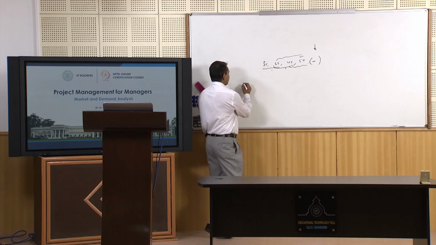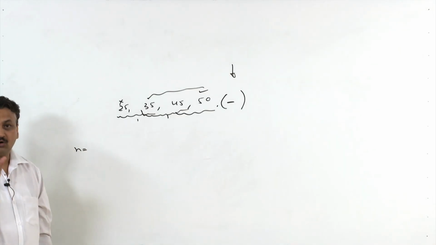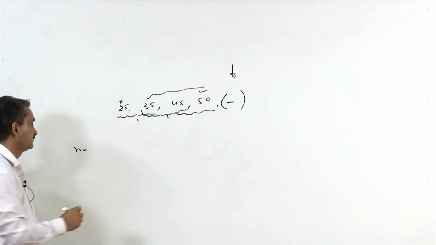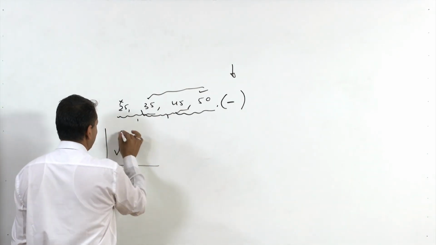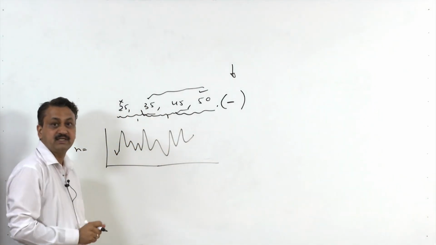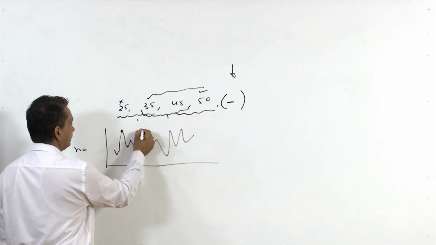The value of n should be small if there is a lot of variation in data. Let us say you have lots of variation in data, so this first data point, second, third, fourth, fifth and so on.